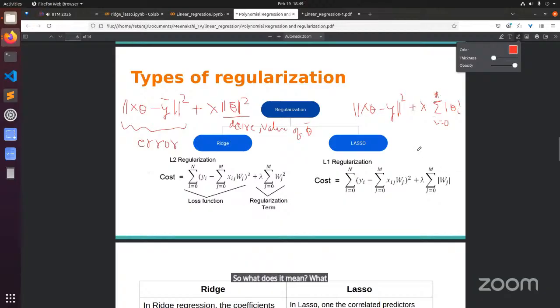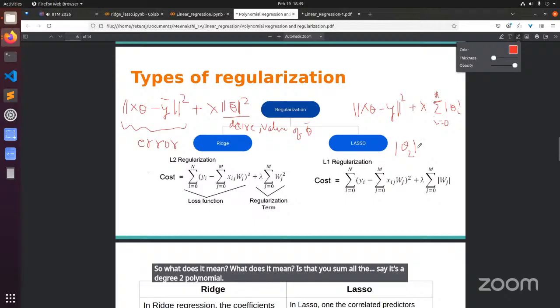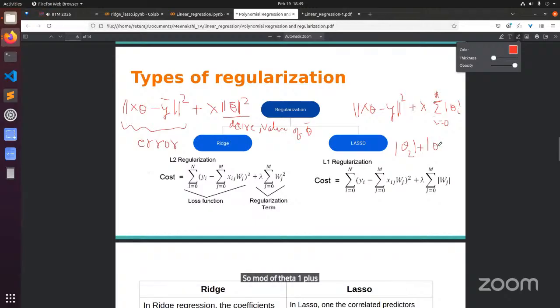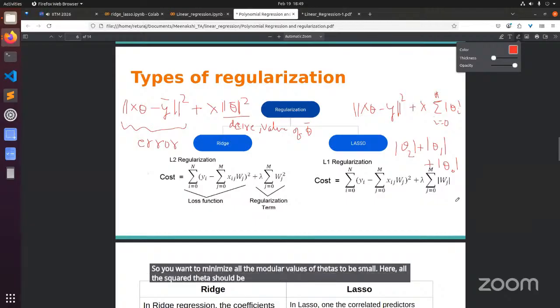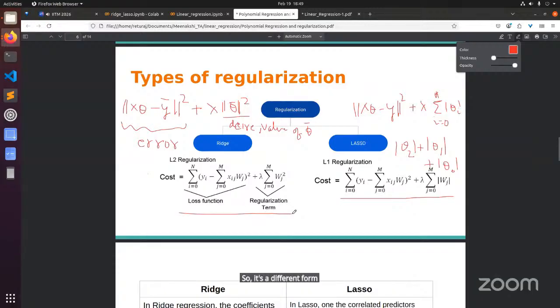Say it's a degree 2 polynomial: mod of theta 2 plus mod of theta 1 plus mod of theta 0. So you want all the modular values of thetas to be small. Here all the squared theta should be small. Here all the modular theta should be small. So it's a different form of regularizing: ridge uses squares, and lasso uses mod.